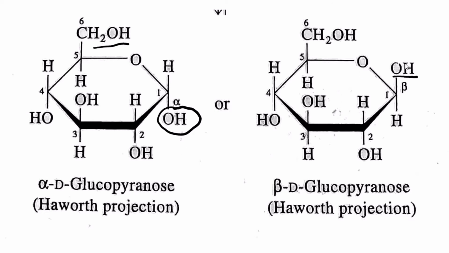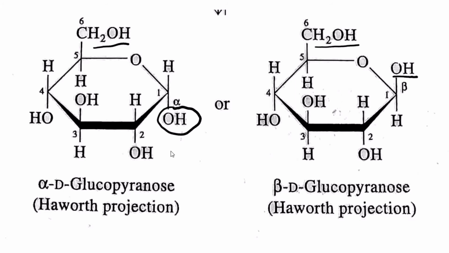And if that hydroxyl group that is now formed lies on the same side as CH2OH, then it will be beta. So that is the main difference between alpha and beta D glucopyranose. So again, if it is lying on the opposite side of CH2OH, it will be alpha, and if it is on the same side as CH2OH, then it will be beta.